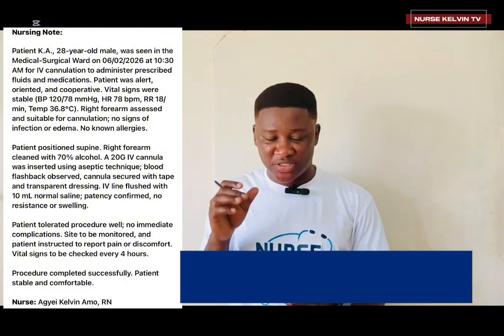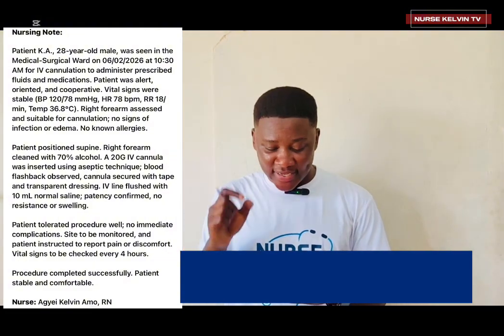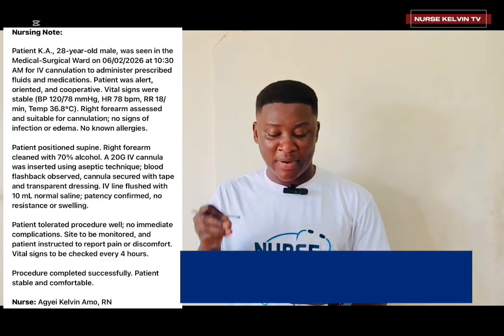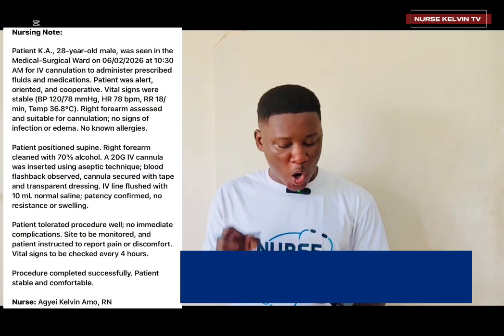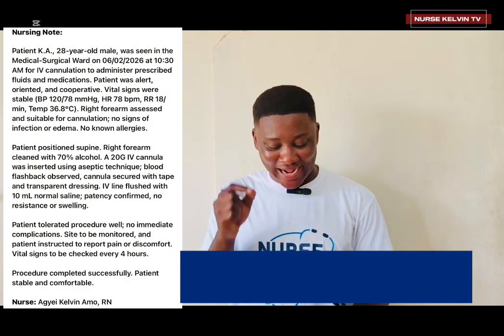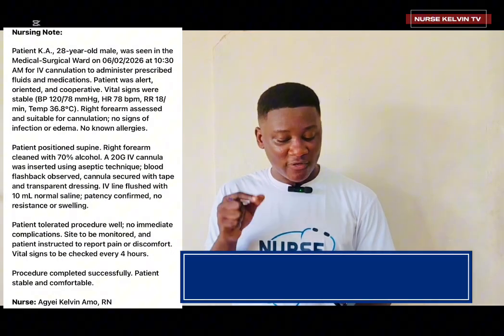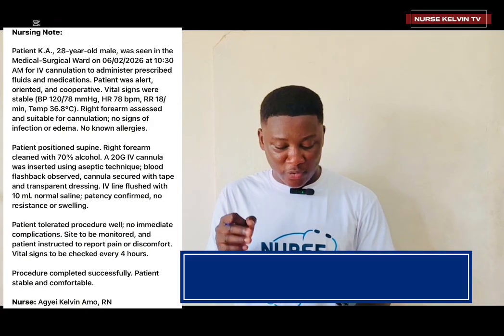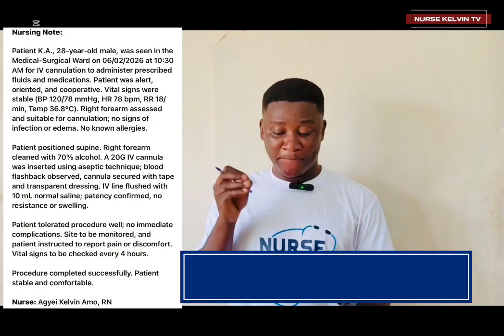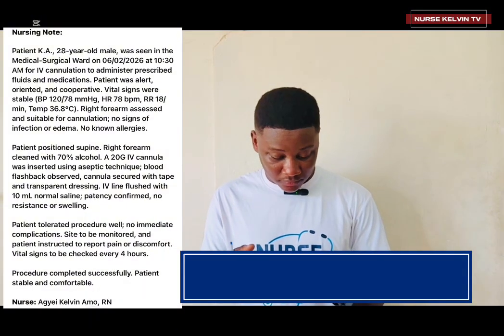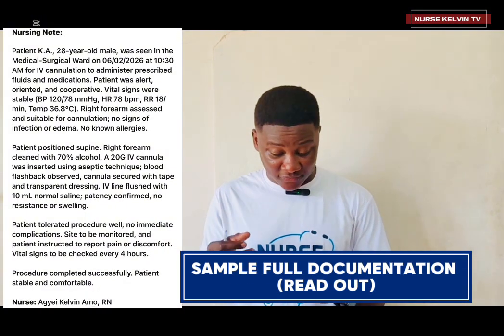So the patient KA, a 28 years old male, was seen in the medical surgical ward on the 6th February 2026 at 10:30 a.m. for IV cannulation to administer prescribed fluids and medication. Patient was alert and oriented and cooperative.